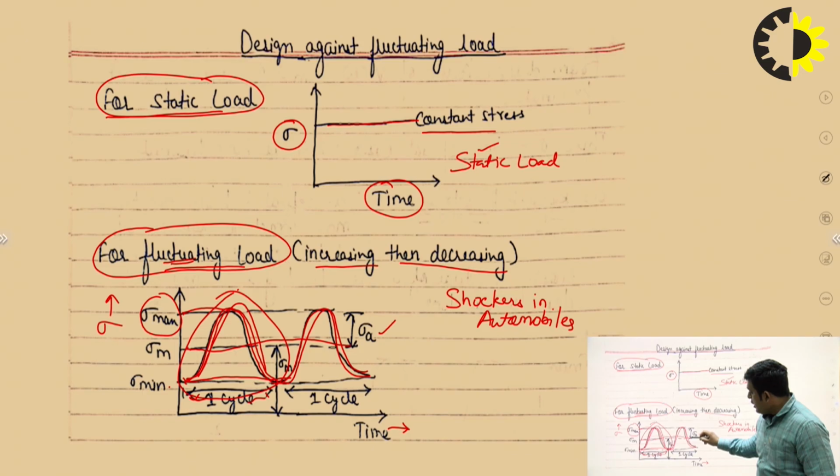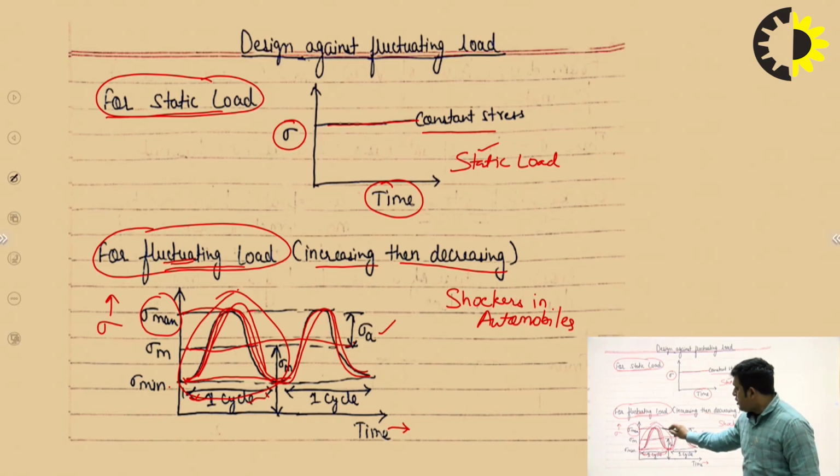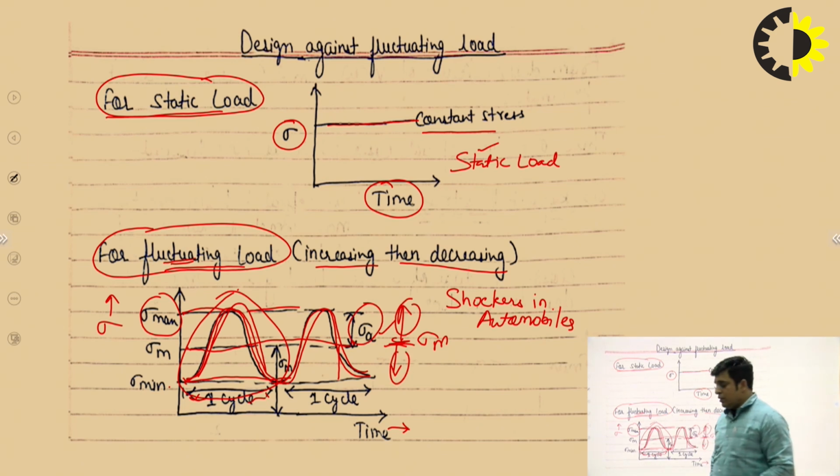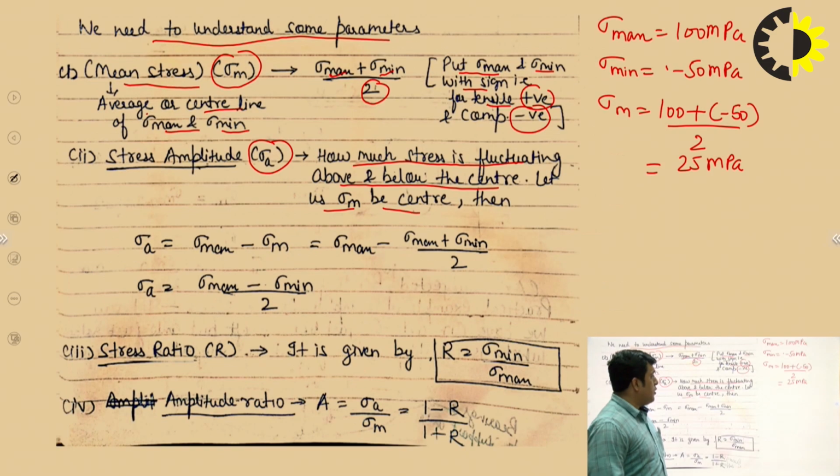If I take this as a reference, then the maximum stress point is this and the minimum stress point is this. So this is the fluctuation from the reference line, and this reference line is sigma m. This fluctuation is known as amplitude stress.